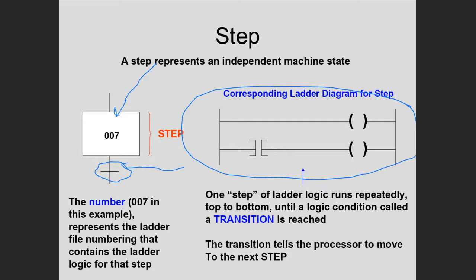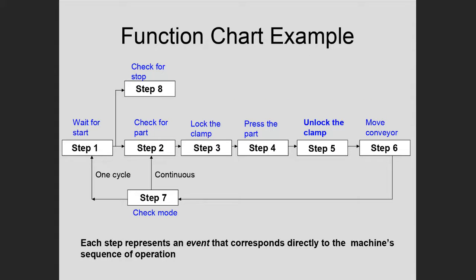So let me go back to this other slide. In the process from the example that I gave you, you can consider each one of these a step. You're going to write code to do this step, and that code will run by itself regardless of what's happening outside of it. And you're going to write code to do this step, and again, that code in step 2 will run by itself.